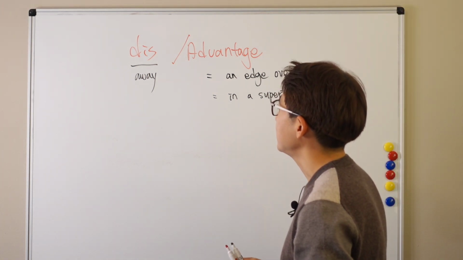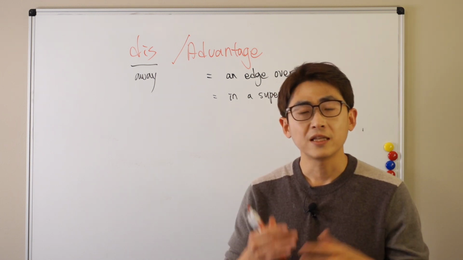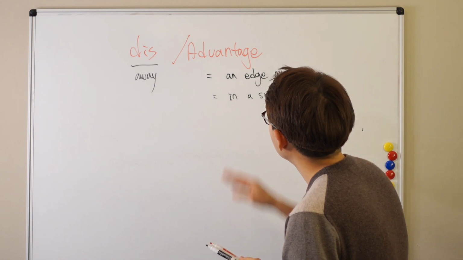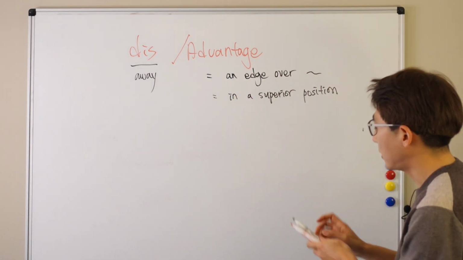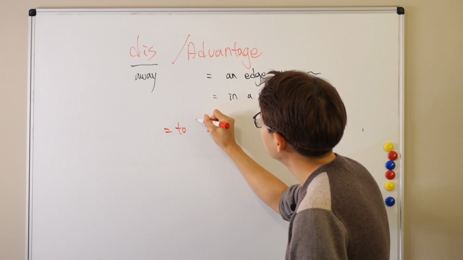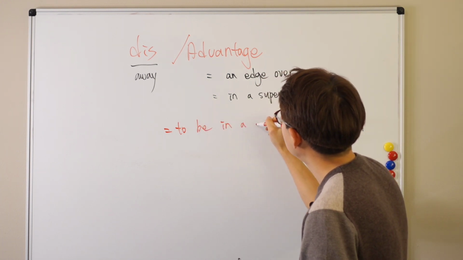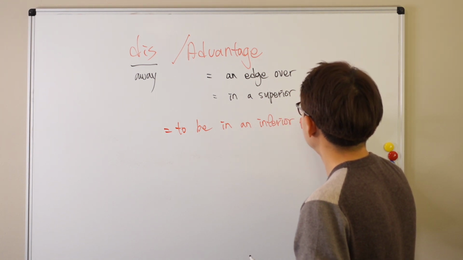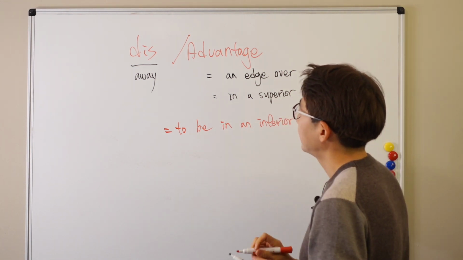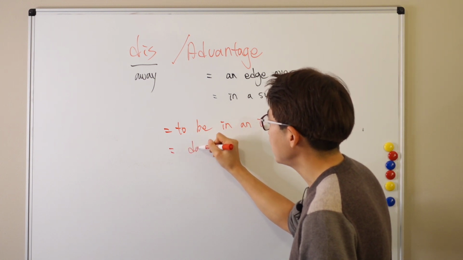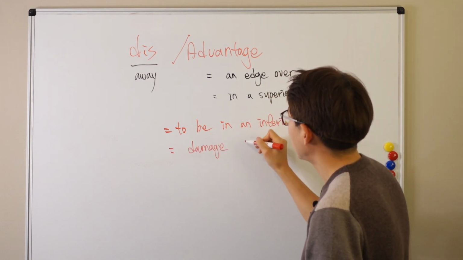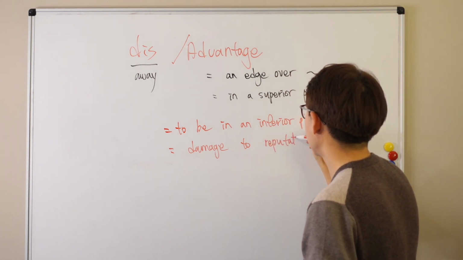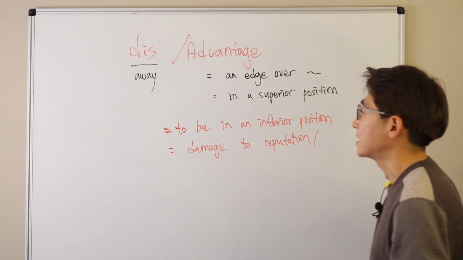So this disadvantage means you're not in a good position in a competition, and you don't have an edge over, and you are in an inferior position. Okay, or to have damage to one's reputation or social status.